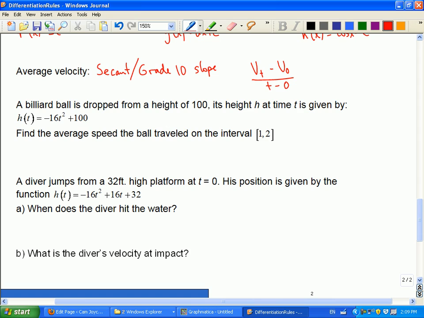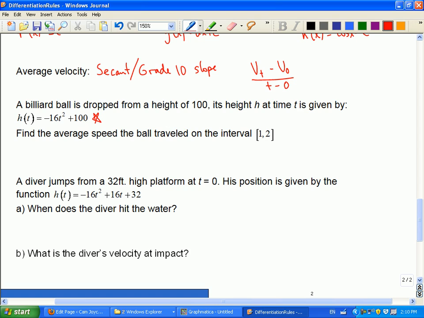So if you have a billiard ball and you drop it from a height of 100, I'm going to guess feet here, that'd be fun to do, wouldn't it? That'd bounce, or I'd probably shatter when it hit the ground. But anyways, I believe this is actually the model that it would produce in physics. So those of you who are doing projectiles and stuff like that, you're going to get some formulas in physics that you'll see in this class too.